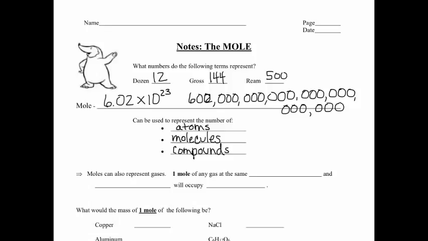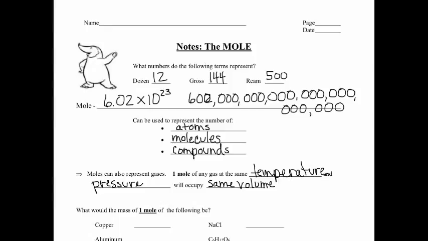1 mole of any gas, and this is a question we often see on the Regents exam, at the same temperature and pressure. So it could be at standard temperature and pressure, or it could be at some other temperature and pressure, but as long as you have the same temperature and pressure, any gas will occupy the same volume as another gas.